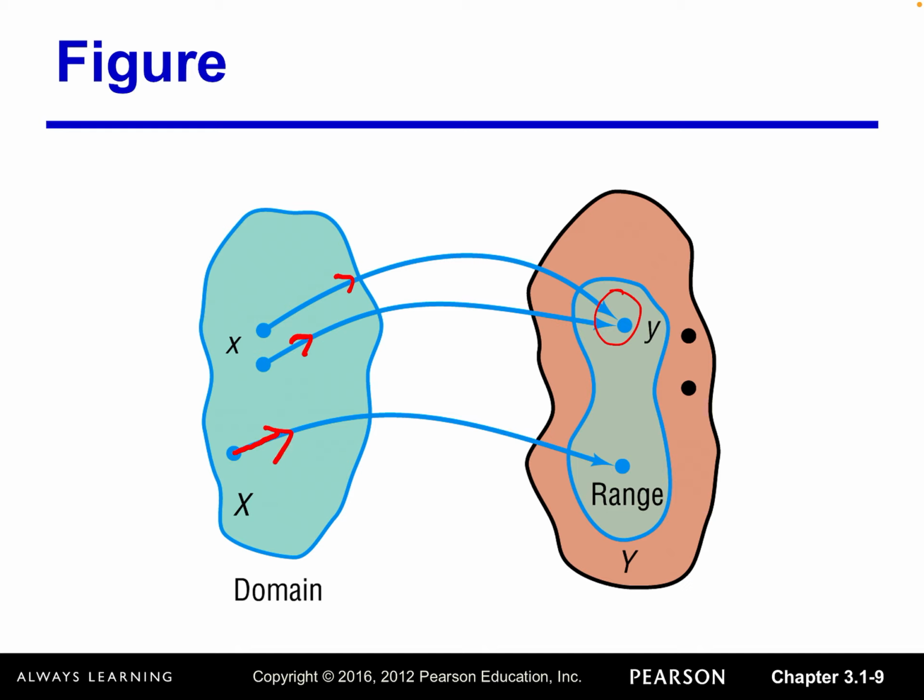And here we have 2 new concepts to introduce. One is called the domain, one is called the range. So what is a domain? Domain is all the values of x. The collection of all the elements of x is called the domain. And similarly, all the values of y are called the range.